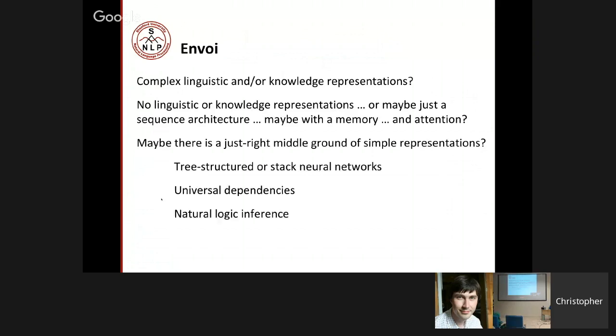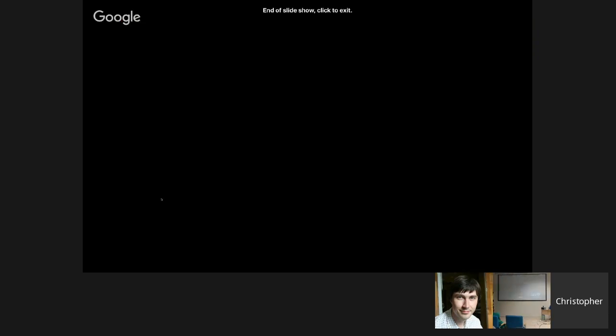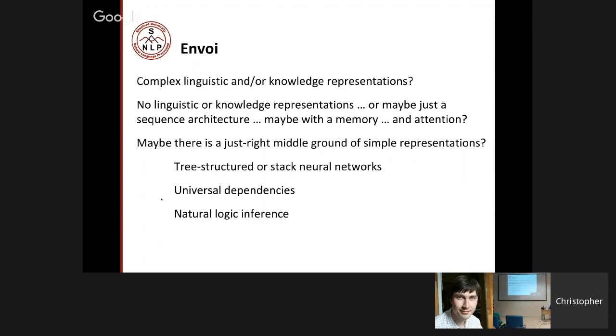Lots of other good ideas, universal dependencies, natural logic inference, going together, I think can be powerful ideas for leading to better natural language understanding and question answering systems. And indeed, in very recent work, we've been taking some of the ideas of that natural logic inference system and applying it to some of the science question answering data of the Allen AI Institute that you've been looking at in the hackathon.